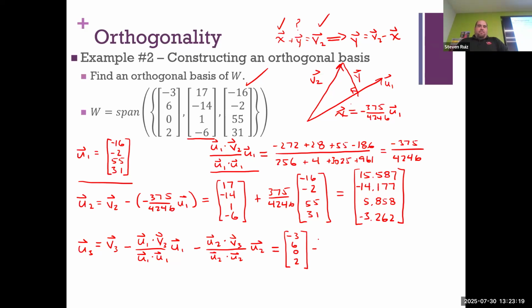And then U1 dot V3. U2 dotted with itself would be awful. All right.